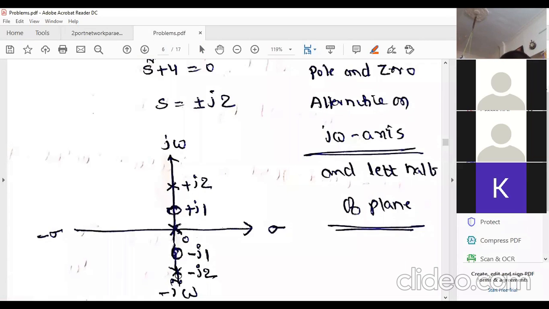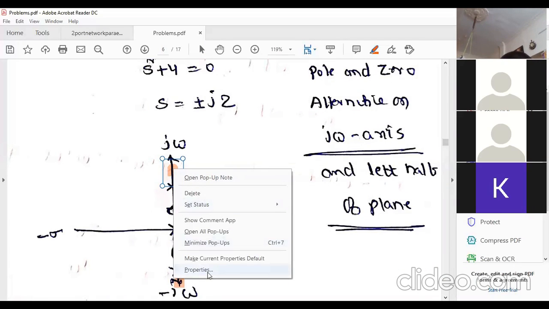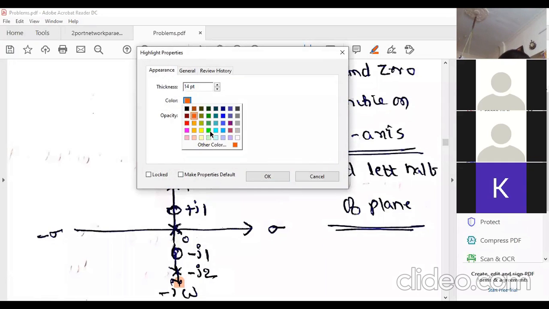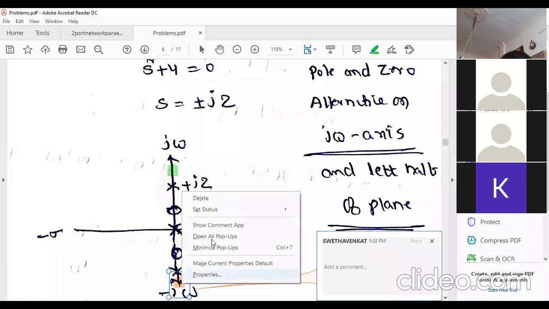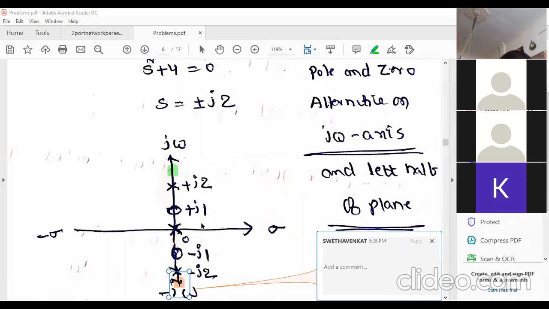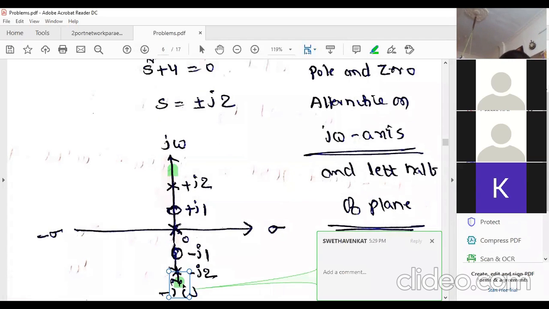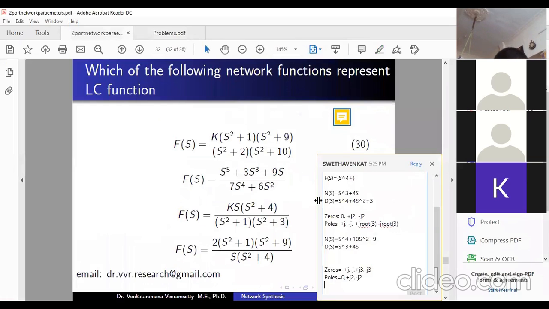This is j2, so plus j3 is here, and here it is minus j3. In the previous example I marked the zeros with green color, so I am changing to green. So all zeros are marked.